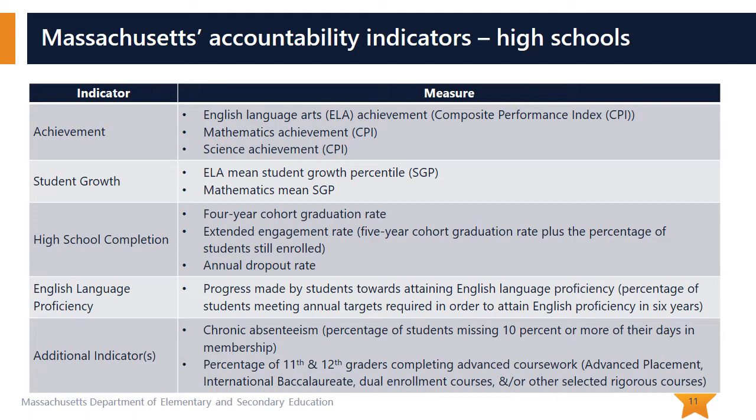These courses include advanced placement, international baccalaureate, dual enrollment for credit, and other selected rigorous courses. The inclusion of this indicator is intended to provide more information about student opportunity and exposure to challenging courses. The courses will be identified by the department using information from the student course schedule data collection, and students taking any one of these types of courses will count toward the rate for the school or district.